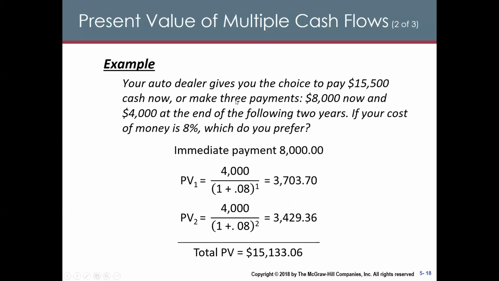So for this future cash flow, the $8,000 today is already the present value, $8,000. For $4,000 at the end of the first year, it's discounted once. So $4,000 divided by 1 plus the interest rate 8% to the power of 1, and that's equivalent to $3,703 as of the present value.